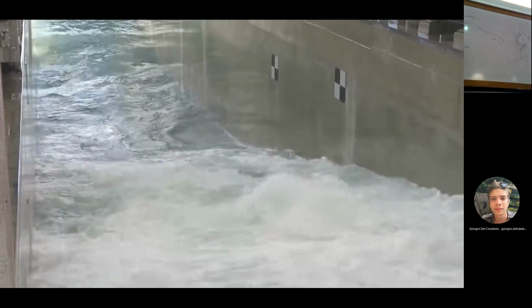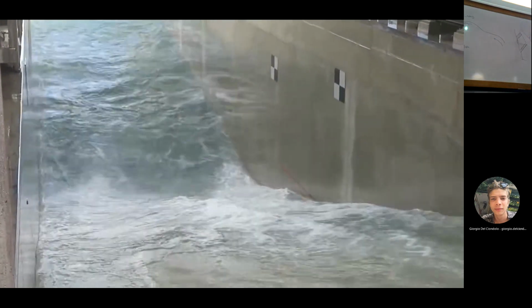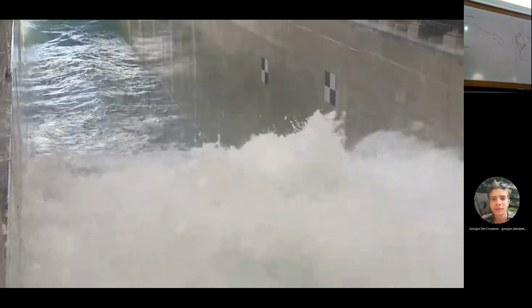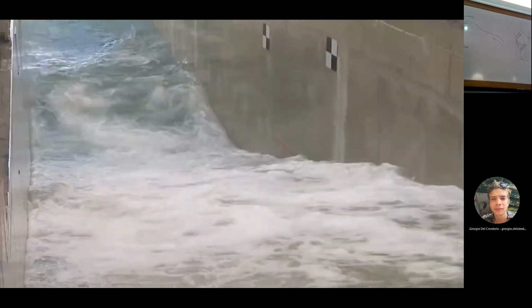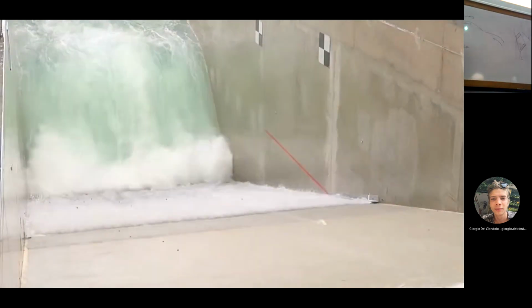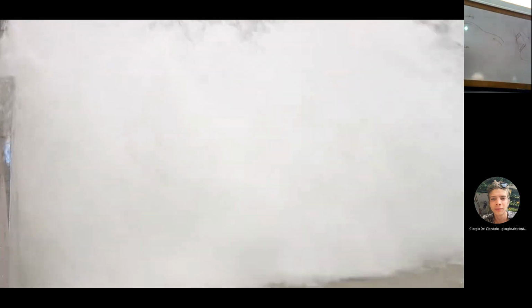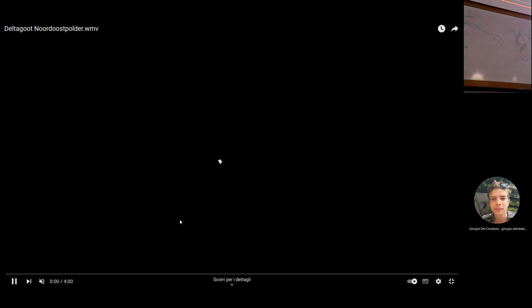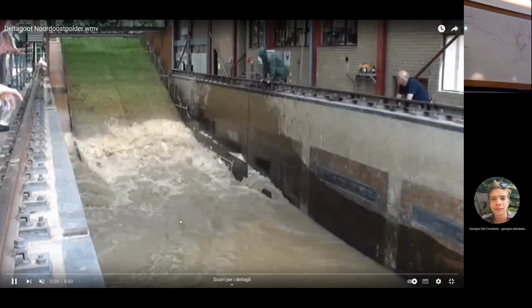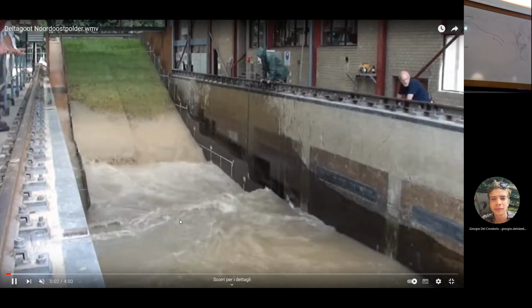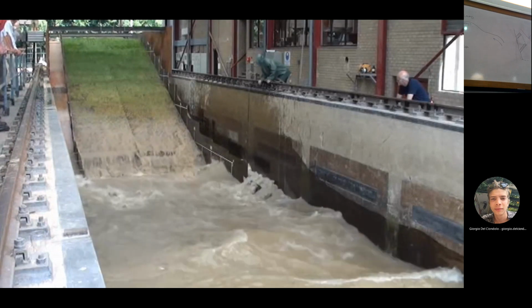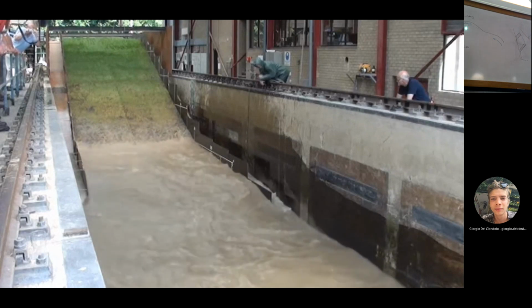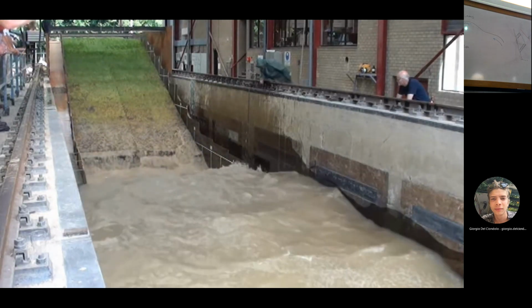And the fact that this is a large facility is important, because when you make a small scale model, you can't reduce the scale too much. Because you understand that if this flume was incredibly small, very tiny, it would be a problem, because you can't recreate turbulence, because viscosity dominates.